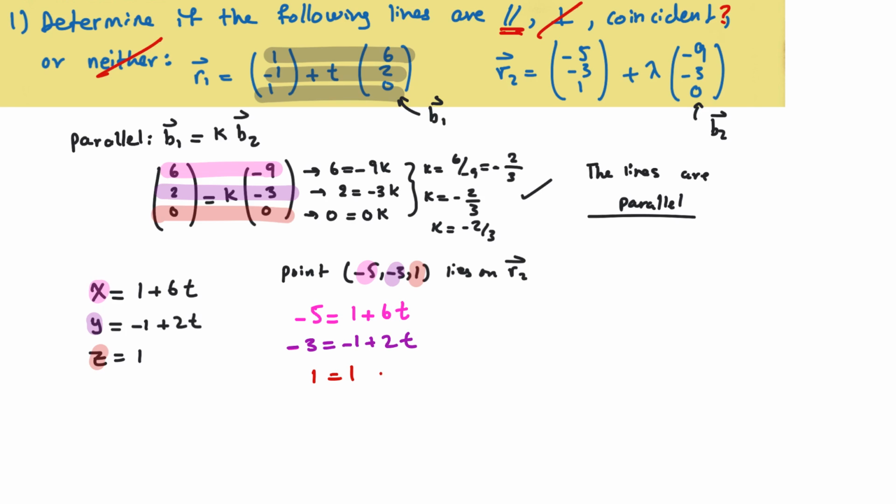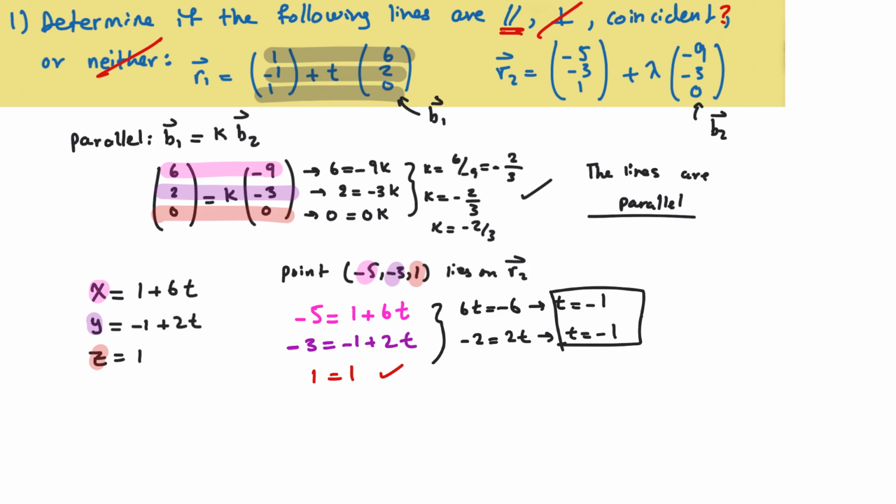So z makes sense already. Let's test for the other two. For the first one, 6t will equal -6, so t will equal -1. For the other one, I'm going to add 1 to both sides, so I will get -2 is equal to 2t, and that means that t is equal to -1.